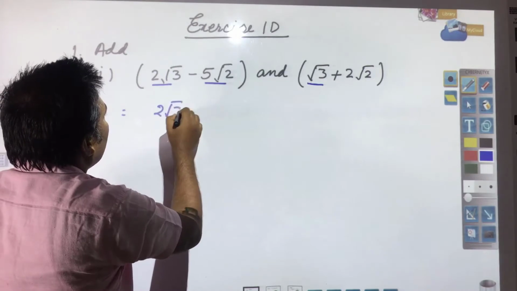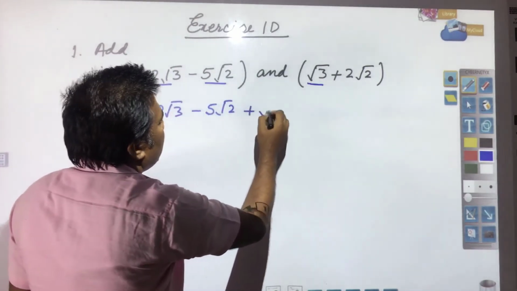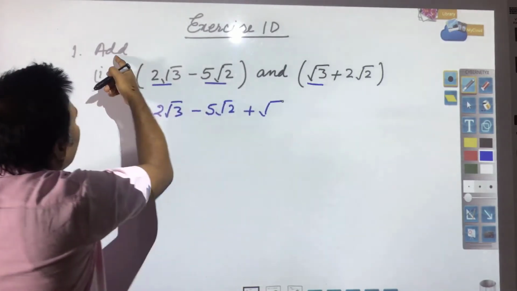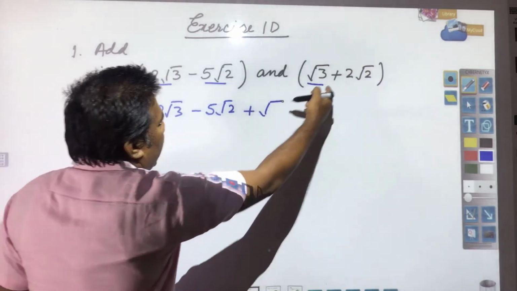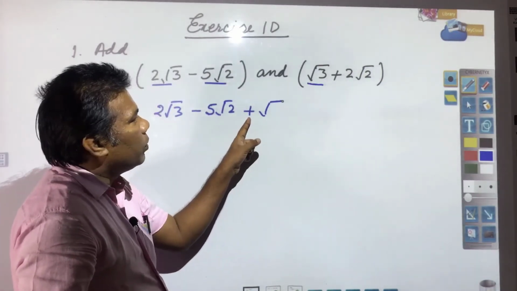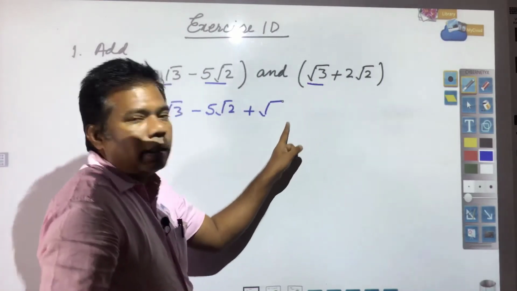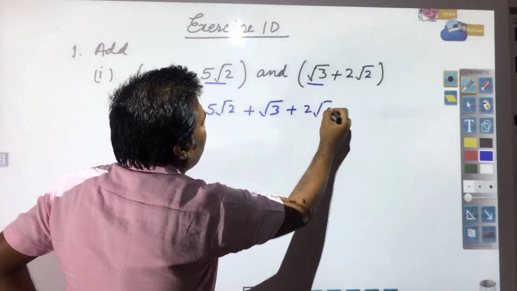2 root 3 minus 5 root 2 plus, because we have addition, that is why plus we have written, and directly we are writing down this. If we would have minus over here, then the sign would have changed: root 3 plus 2 root 2.